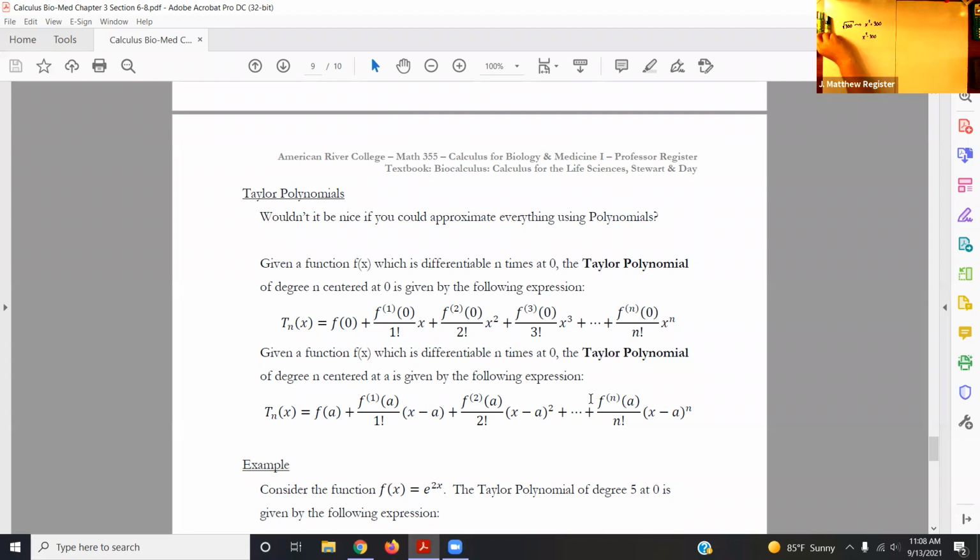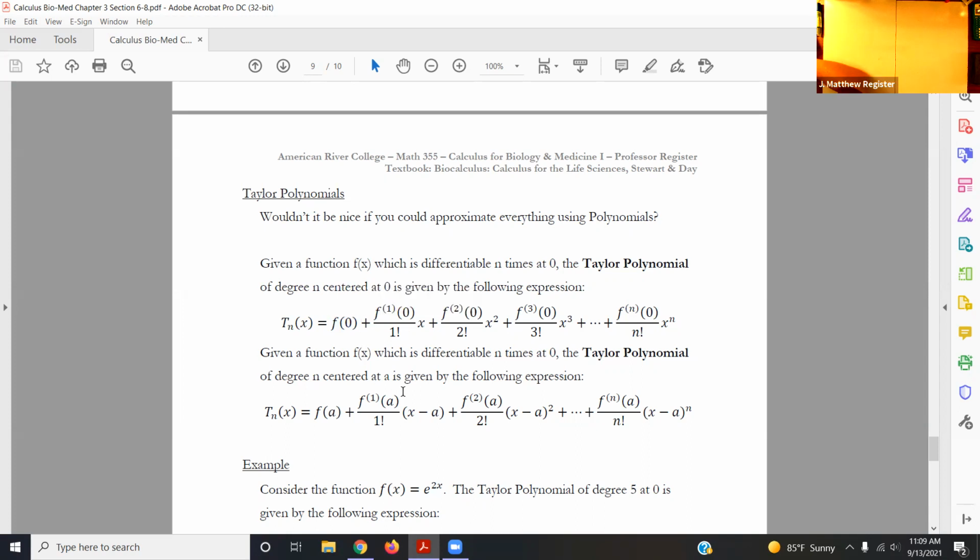A Taylor polynomial is also known as a Maclaurin series, depending on what we're actually doing with it. But it's just an equation or a function which is accurate out to as many derivatives as you want. For instance, if we wanted a Taylor polynomial centered at 0, we would start with f of 0.